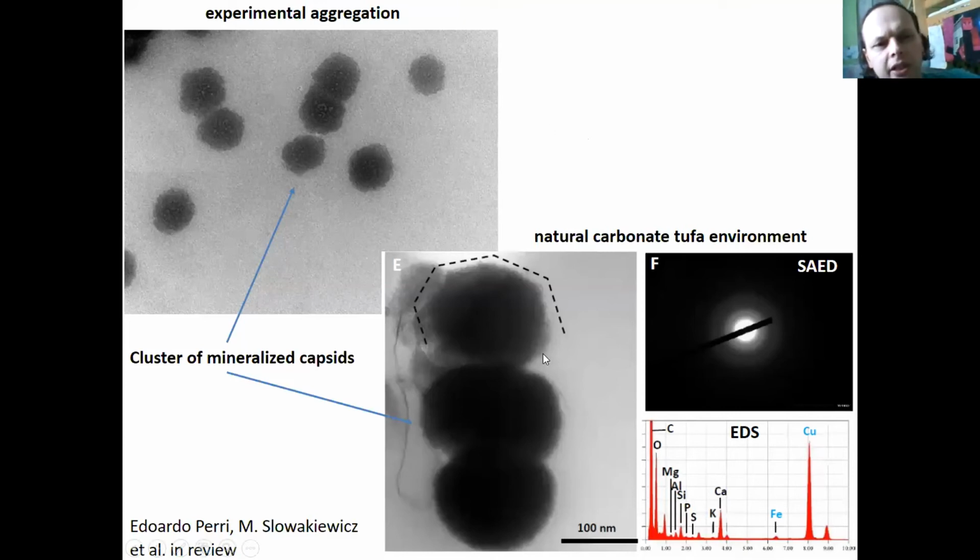Look at this sausage-like structure, which also has icosahedral viruses already mineralized and attached to each other. Below you have a SAED picture, whose analysis gives us information that we have one mineral, in this case calcium carbonate. So perhaps our approach was not that bad at all.